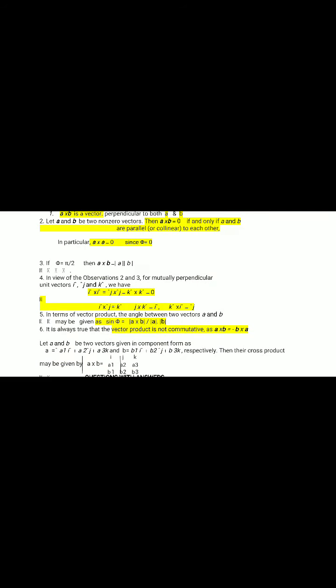And now i cross j is normal to both i and j, and the normal to i and j is k, so i cross j is k, j cross k is i, and k cross i is j.